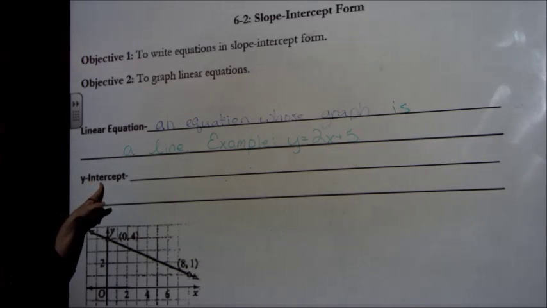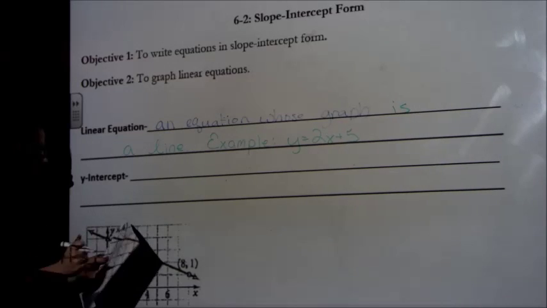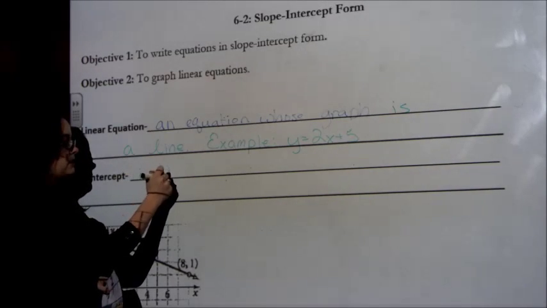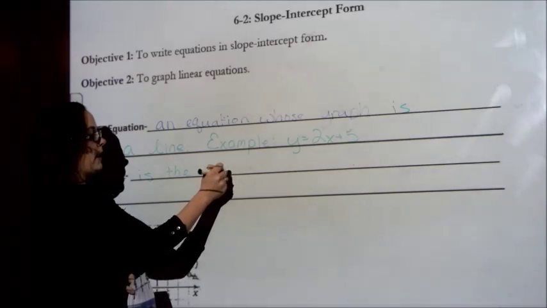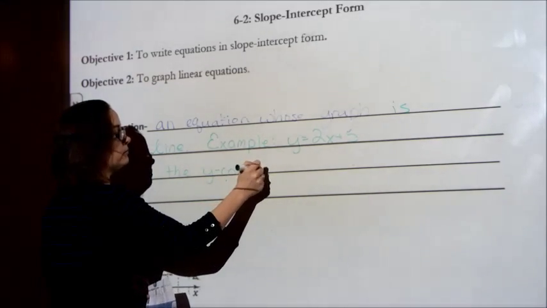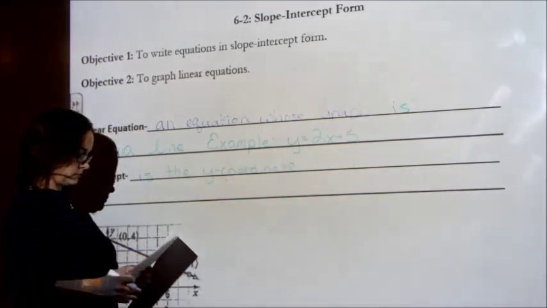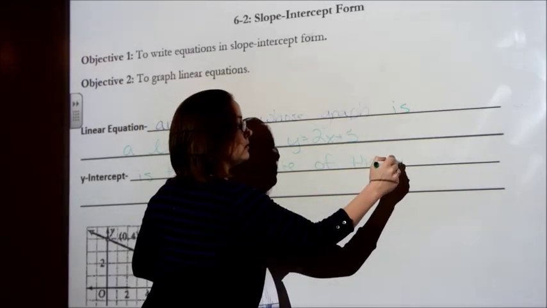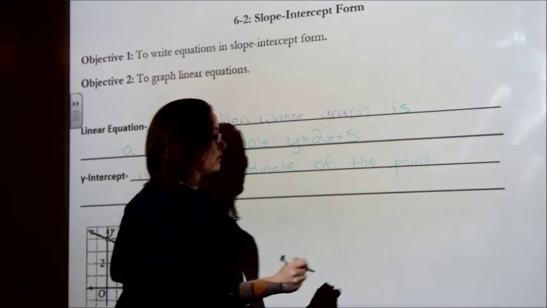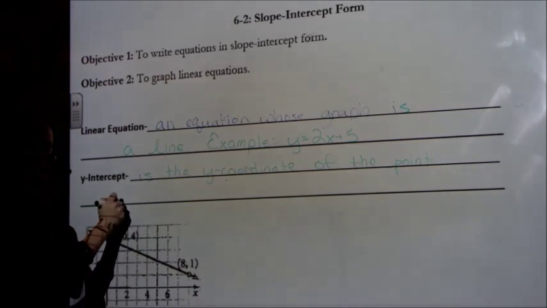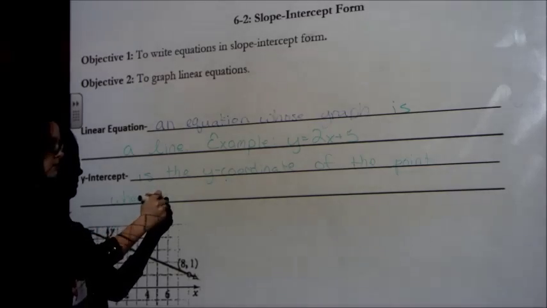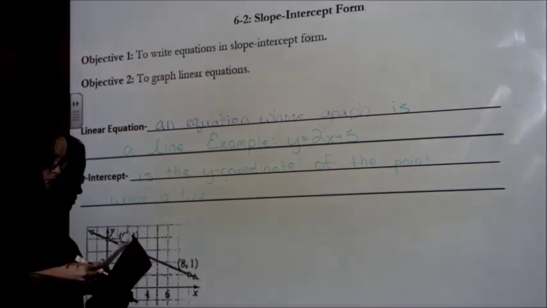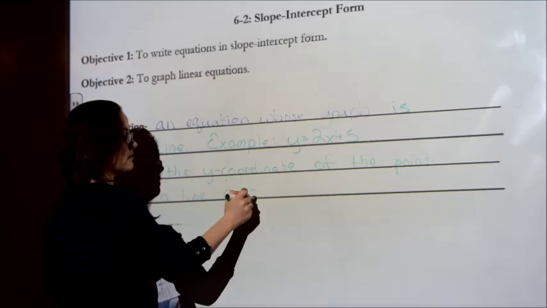So what is a y-intercept? Linear equations always have a y-intercept. So what would that y-intercept be? A y-intercept is the y-coordinate of the point where a line crosses the y-axis.